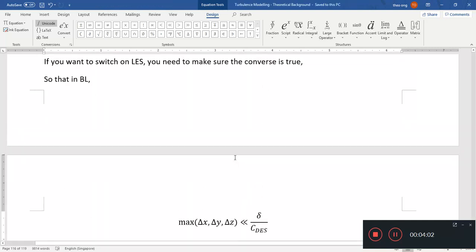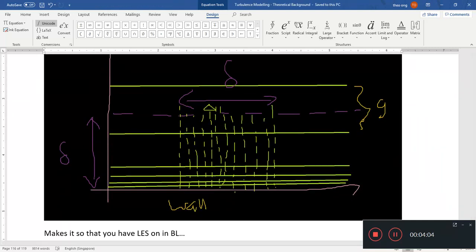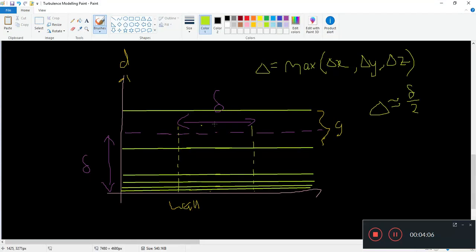It may not be that accurate, but what will happen here? That's the question we want to ask. So you have your grid spacing as such, so you have this delta parallel equal to about half the boundary layer thickness. What would happen?